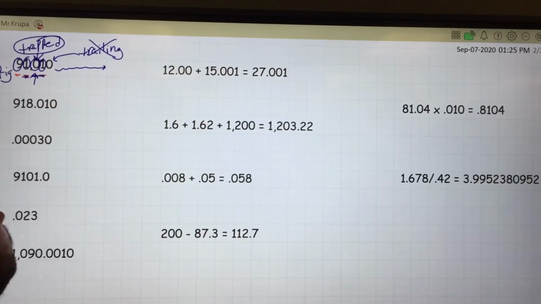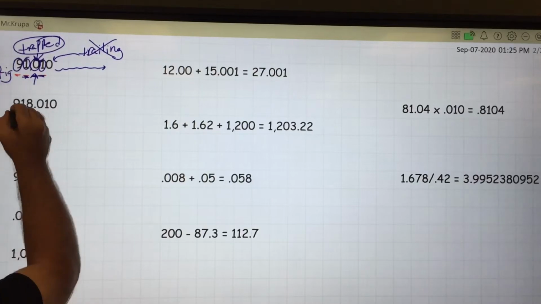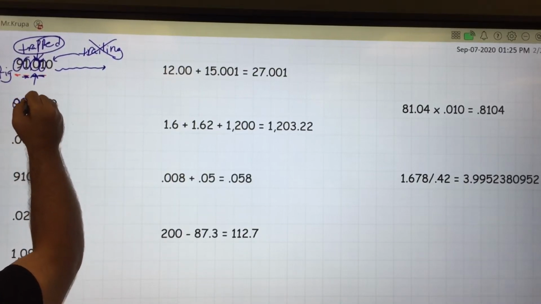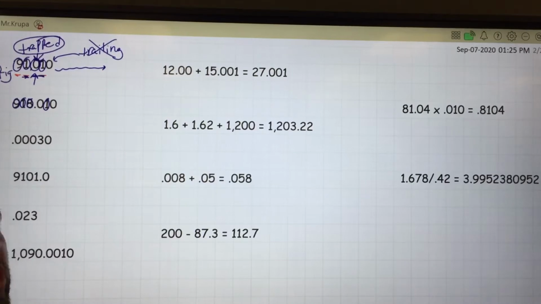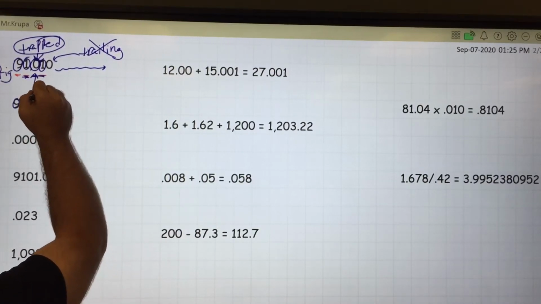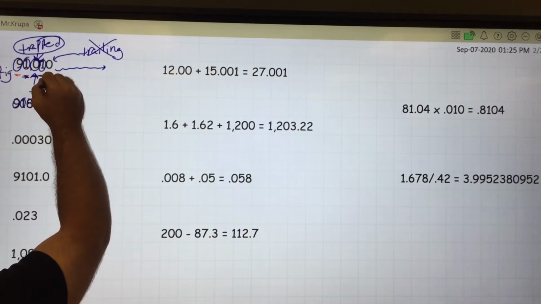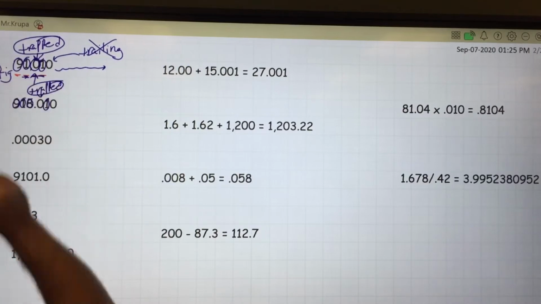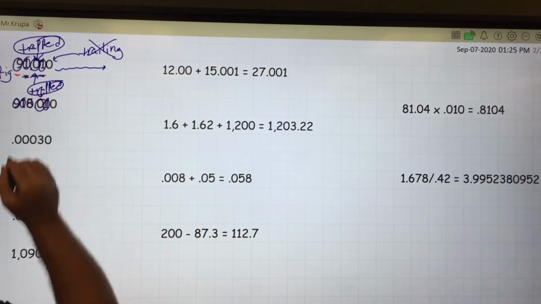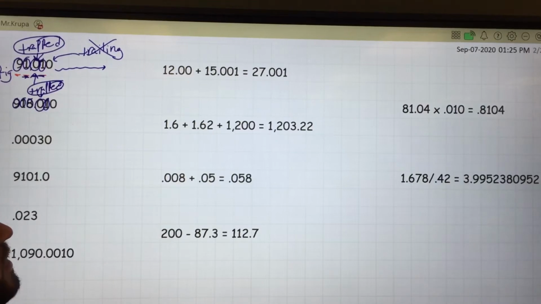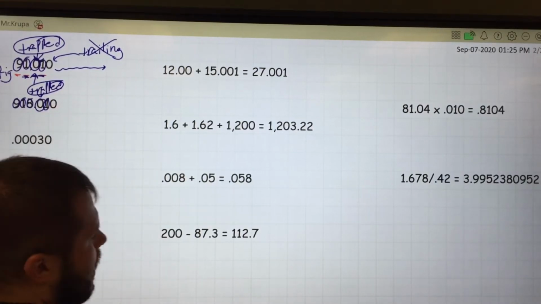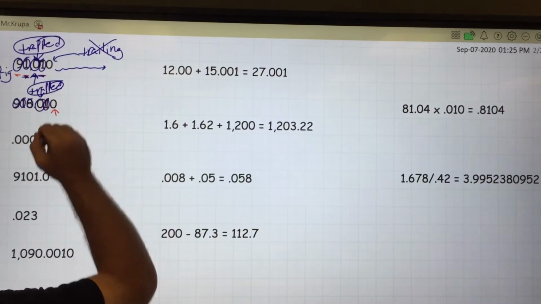Let's go to the next example. 918.010. The 9, the 1, the 8, and the 1 are significant. So we know we have at least 4 Sig Figs. We have to decide for these zeros. This zero right here is trapped between an 8 and a 1. So that is another trapped zero. It is significant. So now we have 5 Sig Figs. We have to decide about this last zero right here.